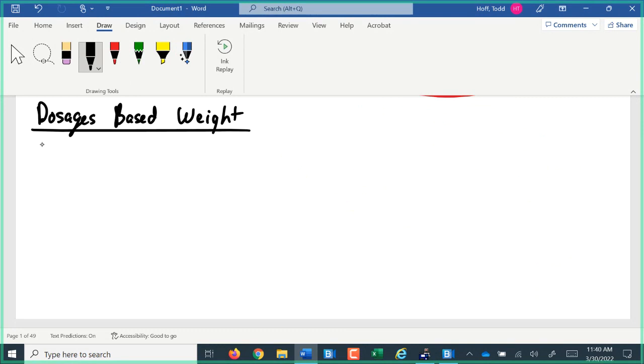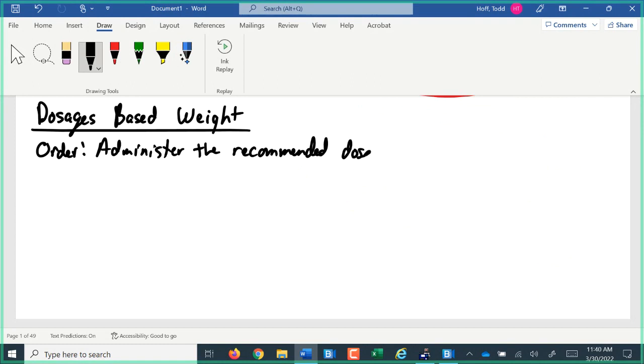And so we're going to look at an example where the doctor gives us an order. And the order is just going to be to administer the recommended dose. So I'm just going to use REC to abbreviate recommendation here again.